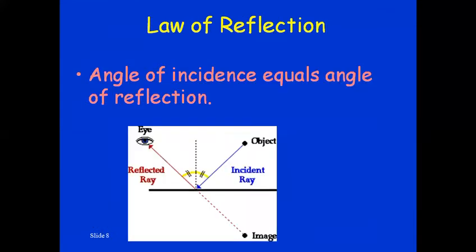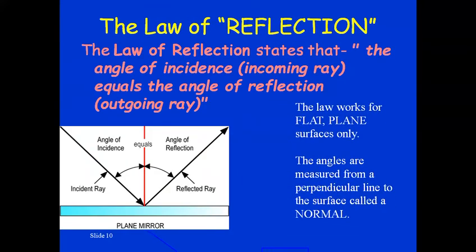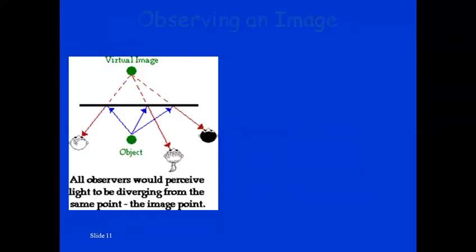So now moving towards our next slide, that is virtual image. What do we mean by the virtual image? Here is an object in front of a plane mirror, and 3 persons are there who are going to view the image of this object.